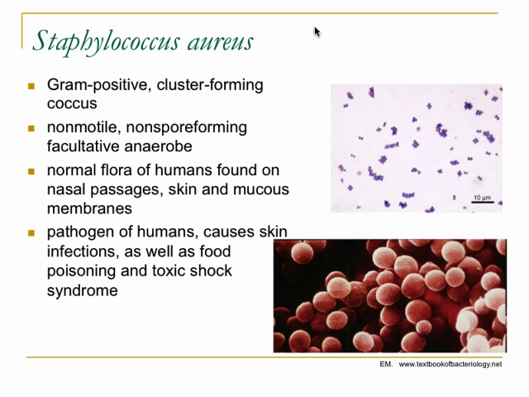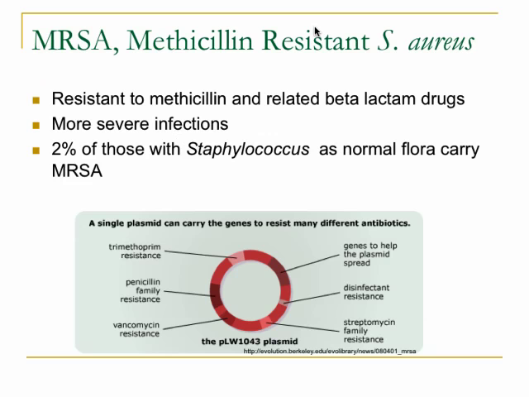In some cases, virulent strains can encode toxins responsible for toxic shock syndrome, the staphylococcal toxic shock toxin. And it can also be the cause of food poisoning, which is toxin mediated as well.